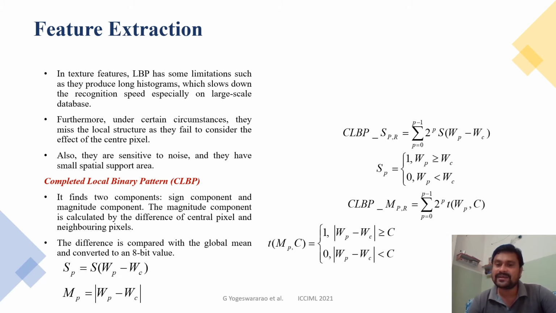If it is greater than or equal to a certain threshold C, where C is nothing but the mean value of the entire image, then it will give a 1, and if it is less than the threshold value then it will give a 0. Based on this concept we get the magnitude component of the complete local binary pattern.